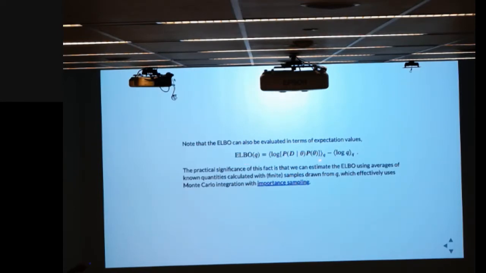In practice, we're going to take samples of q to make a noisy numerical approximation to this. So it's those same two lines I showed you before, but now instead of an arbitrary P, we plug in the likelihood times the prior.